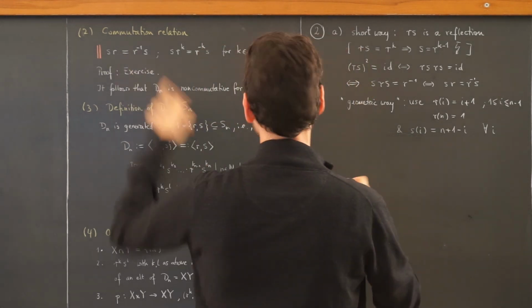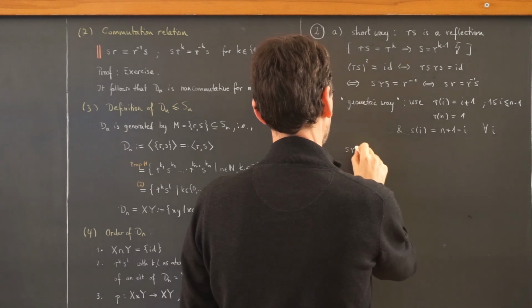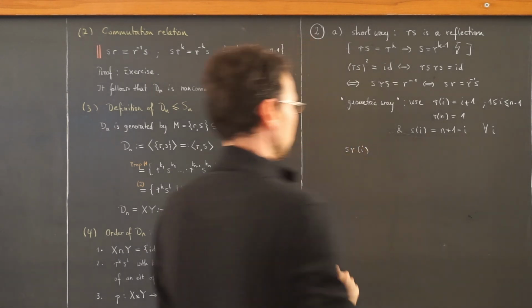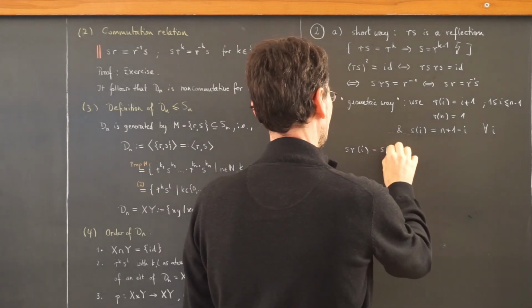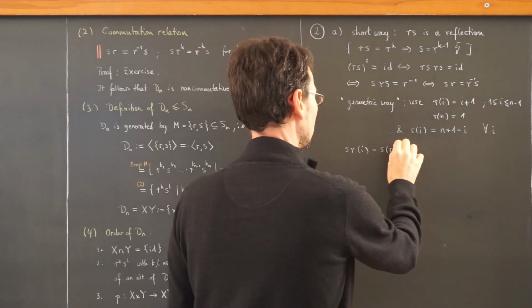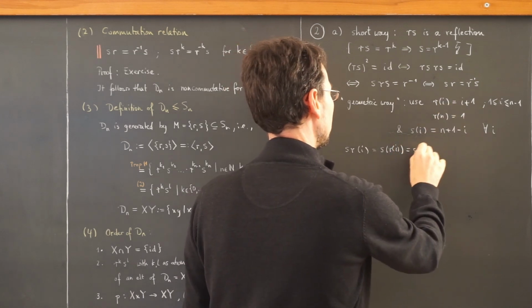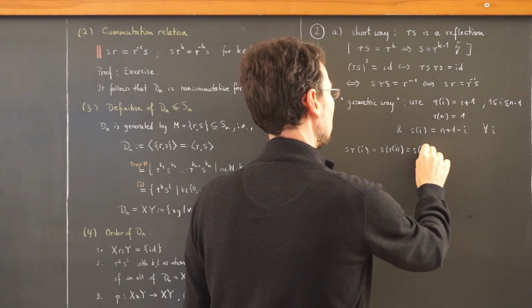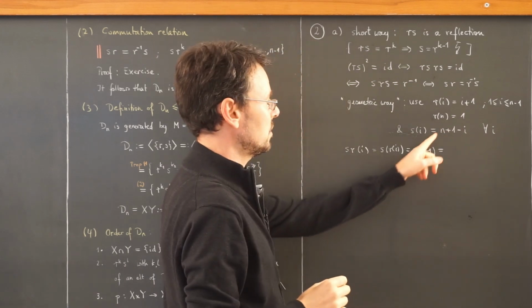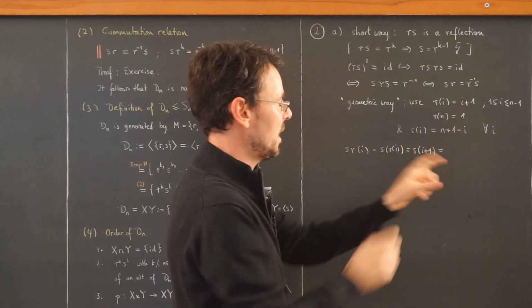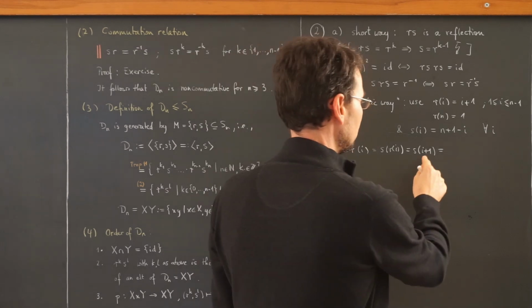So let's see what SR does to I. This is S of R of I. So this is S of I plus 1. So this is n plus 1 minus (I plus 1) in parentheses.